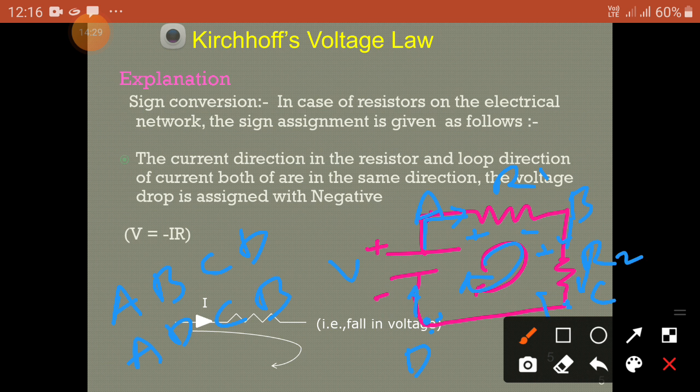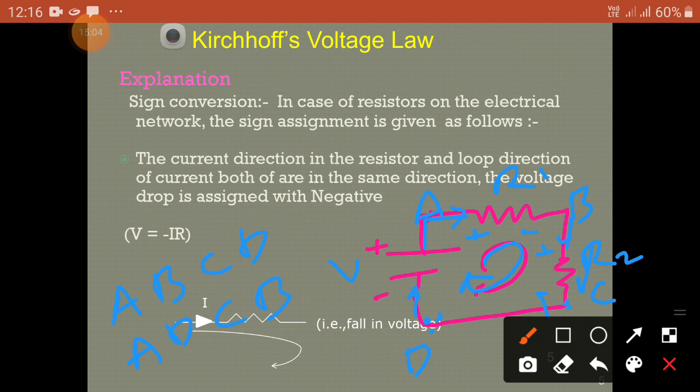I can take the clockwise direction or the anti-clockwise direction. Whatever direction you take, you are going to get the same values, but the sign, instead, you may get a minus value. If a positive value comes after simplification of the problem, your assumption is the correct assumption. If the value comes negative, your assumption is reversed. Simple.